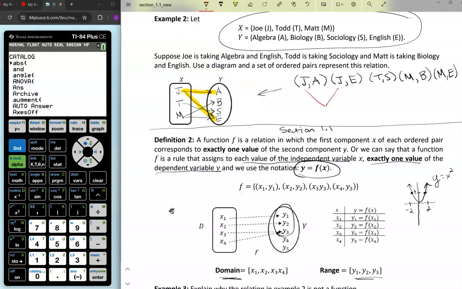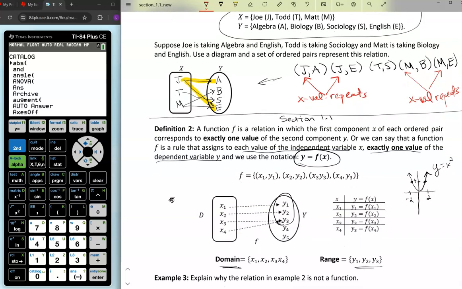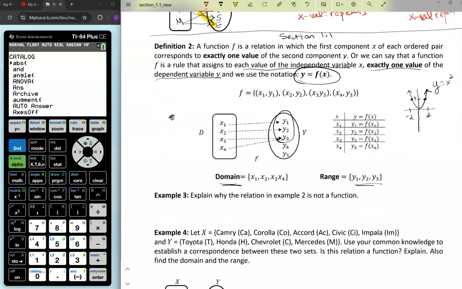The fact that the x repeats, or the input repeats, it doesn't just repeat there, we also have Matt repeating. The fact that the x values are repeating, meaning that a single x value is assigned to more than one y value, makes this fail the function rule. And if you have your x values repeating, then it is not a function.